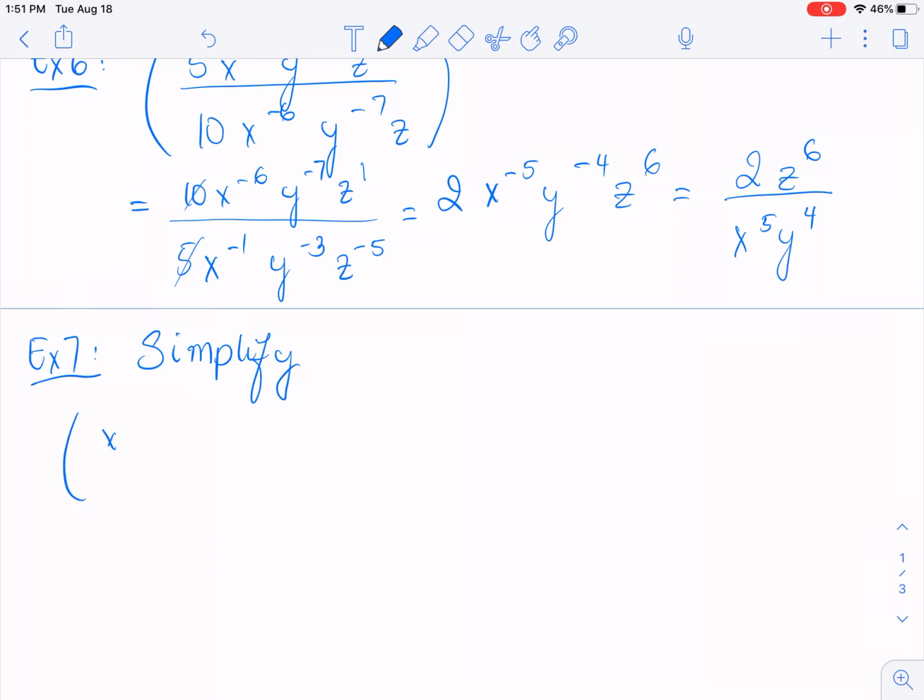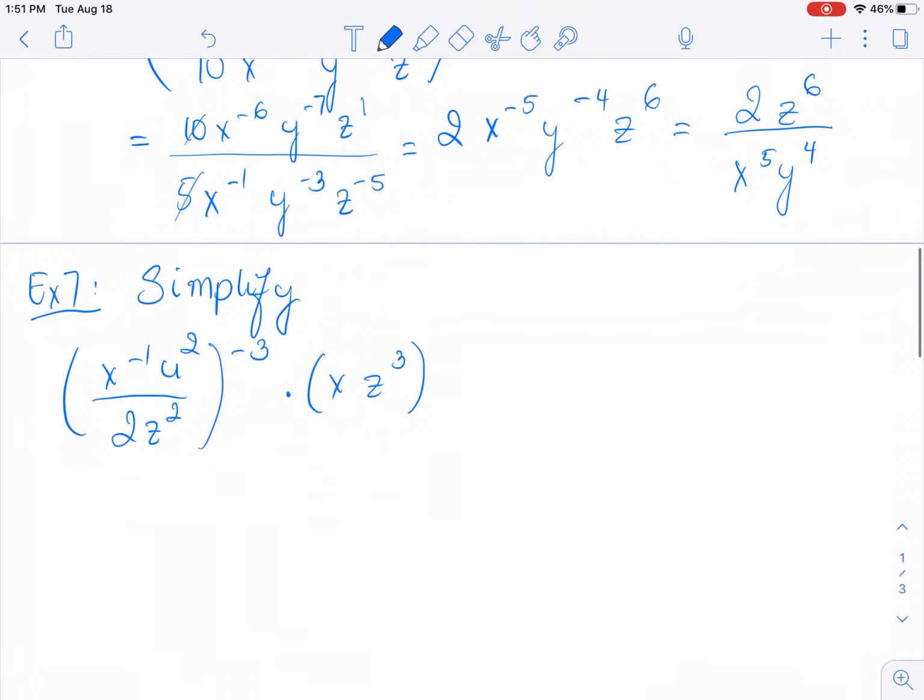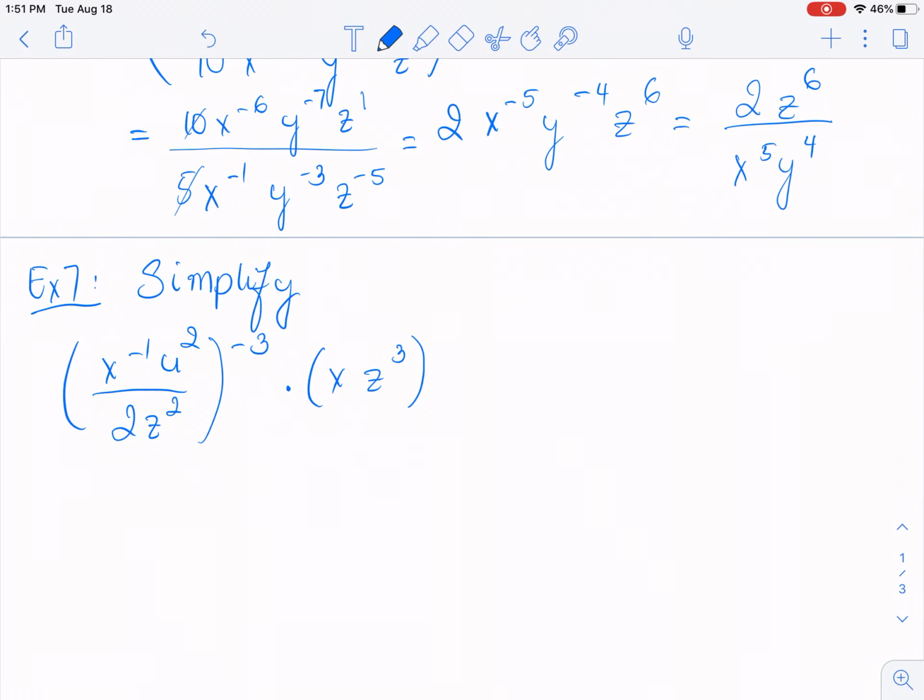I have x to the negative 1st power, u to the 2nd power over 2z squared, everything to the negative 3rd power, and then multiply by xz cubed. All right, so for this one, you have to take care of the power right here. So we have to simplify this one, and then you can multiply this one.